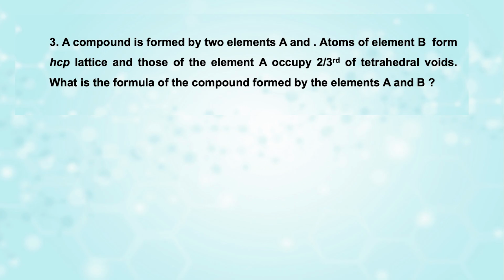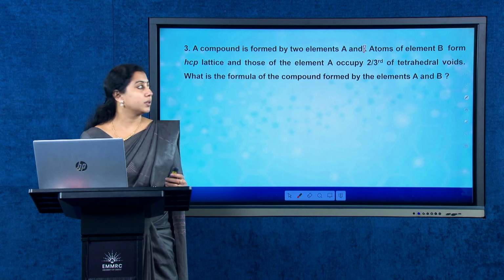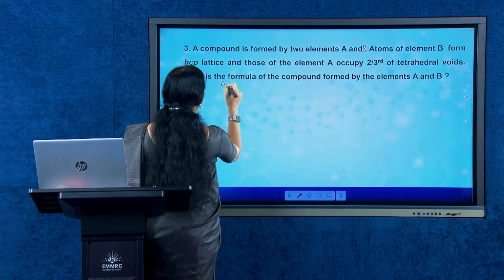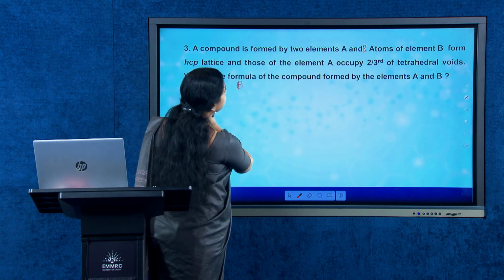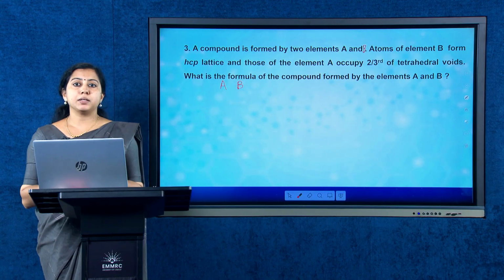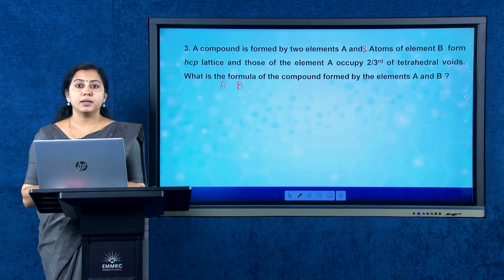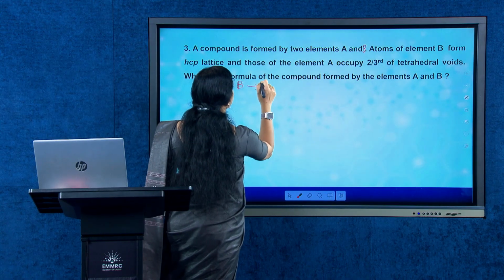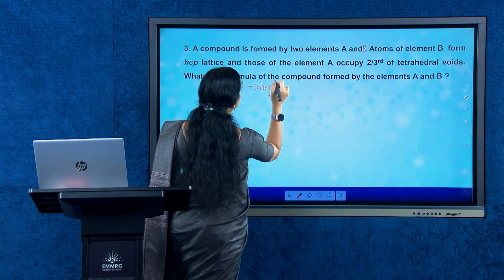What is the formula of the compound formed by the elements A and B? Here we have two elements A and B. It is given that B atoms form the HCP lattice.